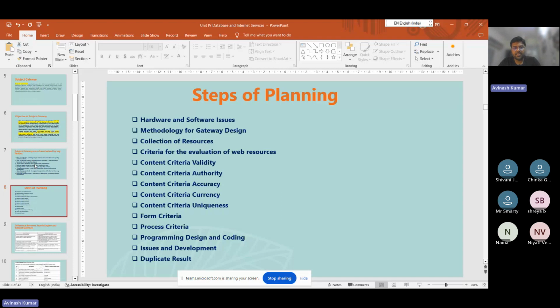Okay, these are the planning. And these are the criteria of evaluation of web resources: content criteria, validity, authority, accuracy, currency, uniqueness criteria, form criteria, process criteria, programming, designing and coding, issues and development, duplicate results. These are the planning of a subject gateway.